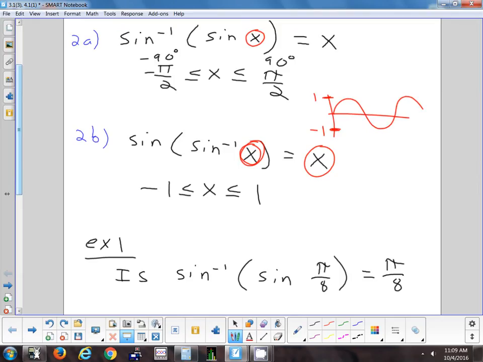Is it formula 2a, or is this one formula 2b? Yeah, it's 2a because the inverse is on the outside. So my restriction in radians is -pi/2 to pi/2. If you're not good with fractions and radians, what could you do with pi/8 if you had to?